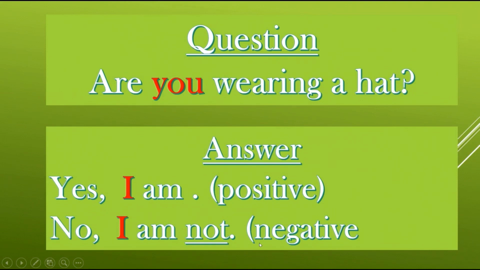But for the negative, you will say, no, I am not. The not is already the negative. So are you wearing a hat? Yes, I am. No, I am not. So I goes with the verb to be am in the positive, and if it's a no, I goes with I'm not.